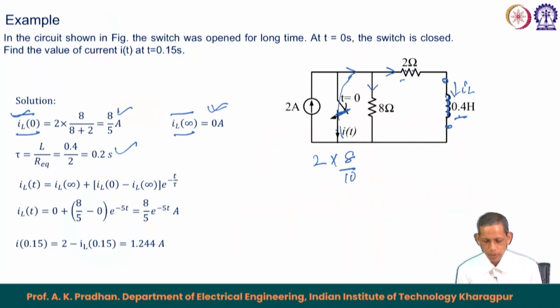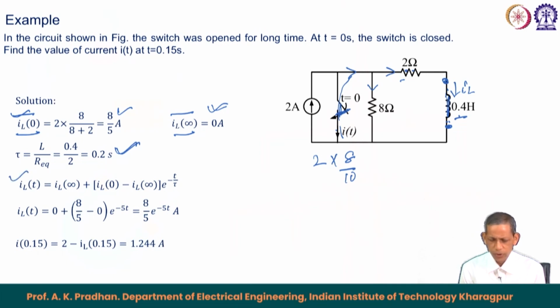Once again, the time constant when you see from this inductance side, because at t equals 0 this is closed, so this is shorted. This 8 ohm becomes redundant, so the resistance associated with this 0.4 Henry inductor is 2 ohm only. That leads to the time constant 0.4 by 2 equals 0.2 second.